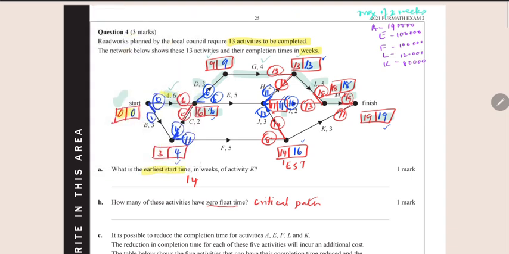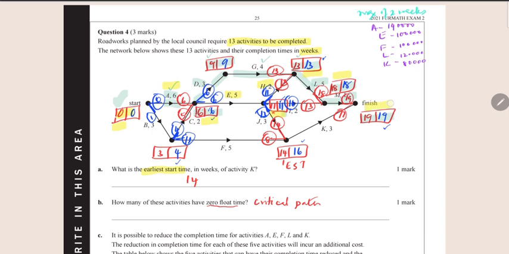Now 0 plus 6 is 6. 6 plus 5 is 11. 11 plus 2 is 13. And 13 plus 5 is 18.